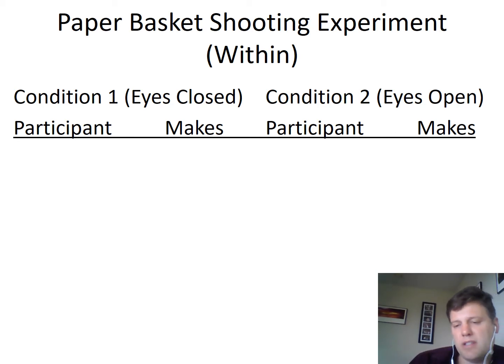And this would suggest to us that we can start to be a little bit more confident in our notion that having your eyes open when trying to throw a piece of paper across the room is better than closing them. Not necessarily groundbreaking research, but it should get to the point that we can have the same number of individuals in these studies and have much, much more certainty in our findings.